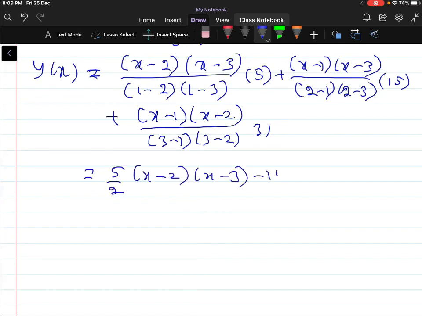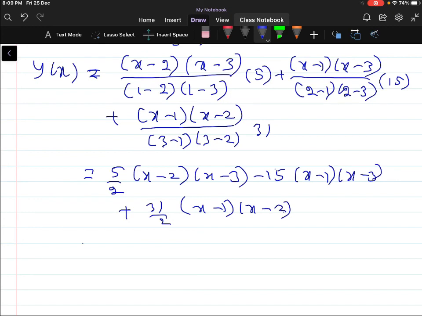This is equal to 5 by 2 into x minus 2 into x minus 3, but here we have minus 15 because the denominator 2 minus 3 is minus 1 and 2 minus 1 is plus 1, that is minus 15 into x minus 1 into x minus 3, plus 31 by 2 into x minus 1 into x minus 2.